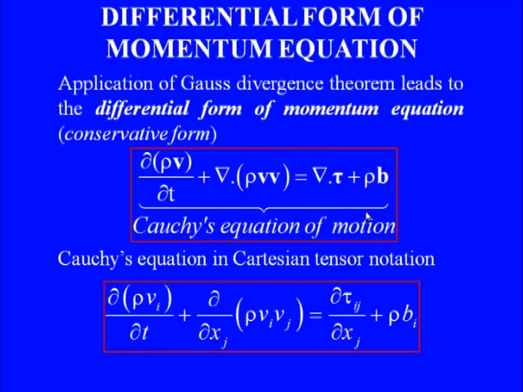So we have got 4 equations in terms of how many unknowns? Density is 1, 3 components of velocity, that makes it 4, and we have got 9 components of this stress tensor. So this system of equations is still not closed.